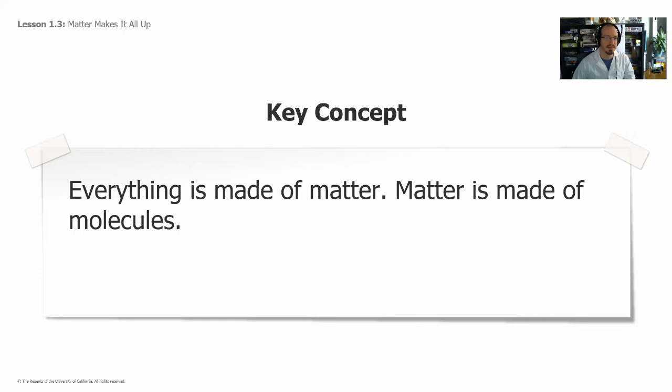I'd like you to copy this key concept down to make sure everybody is able to read it and start synthesizing that, bringing it into your own mind. So everything is made of matter. Matter is made of molecules. I'd like you to write that down in the box over here and also in your paper notes.